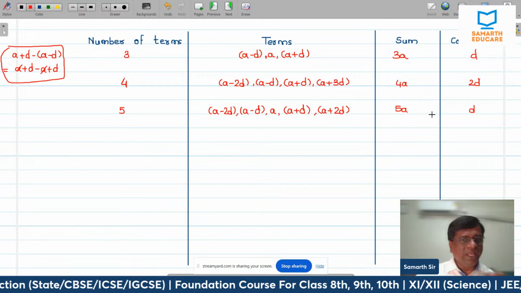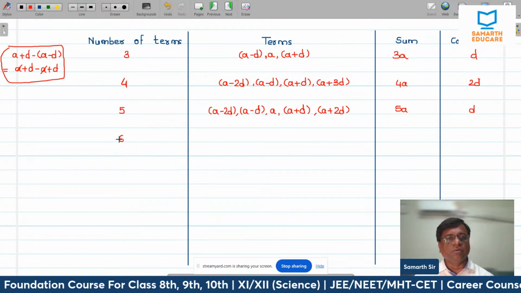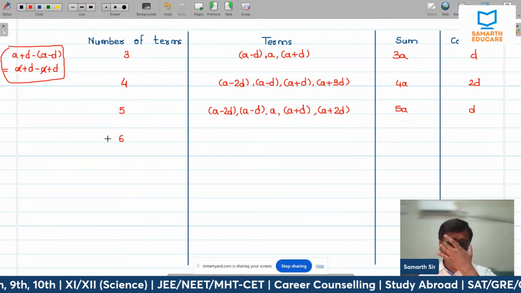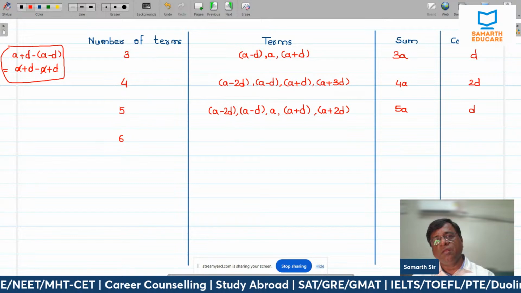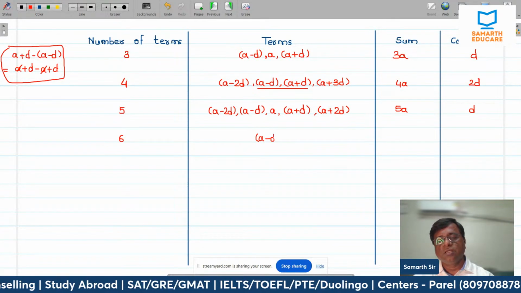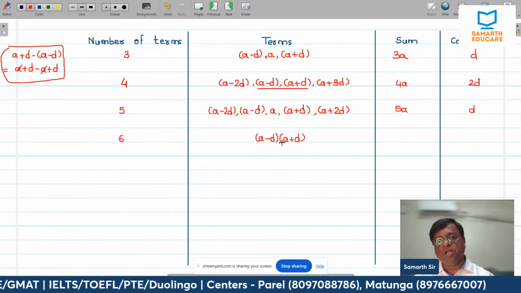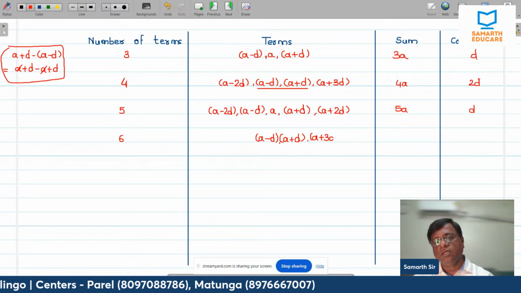There is nothing further like this, but if you want, for six numbers, you will come across this in JEE if you are doing JEE after 10th standard. Still, look: the middle two terms will be a minus d and a plus d. Here the common difference is 2d, so the next term would be a plus 3d and the next would be a plus 5d.